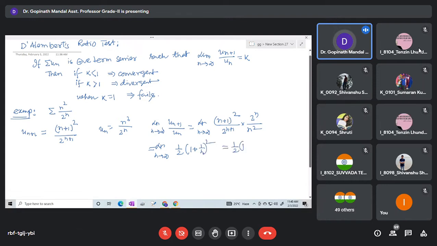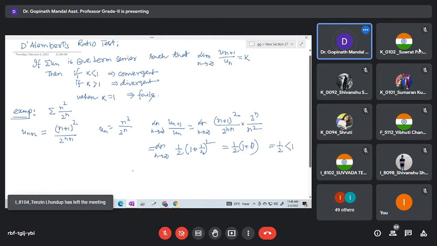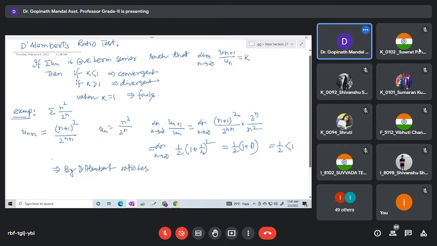So the limit is half of (1 plus 0) square, that is half, which is less than 1. That means, by the D'Alembert's ratio test, the series is convergent.